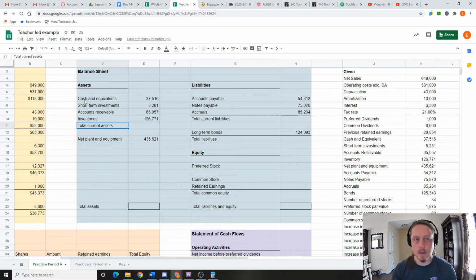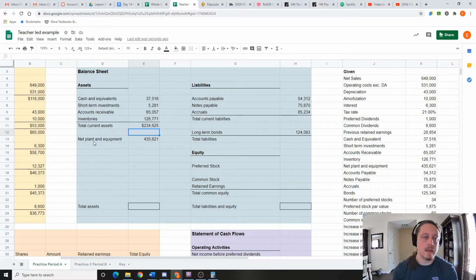We call them liquid assets, because we can exchange them for cash quickly if there's an emergency, or if we go bankrupt and we have to sell everything. Those are the things that go first. So total current assets, pretty easy, equals sum. We're going to add up these guys right here, and we got 234,625.